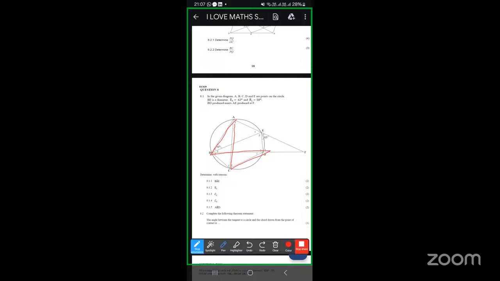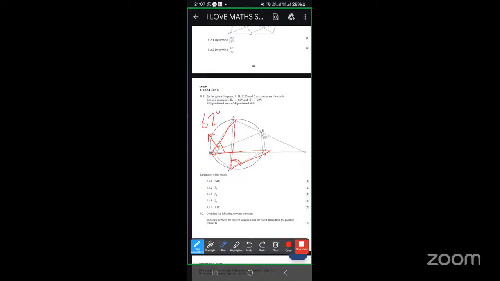Can you guys see this diagram that I've drawn on the screen? Yes, sir. So now we know that this angle there is 62 degrees. Then now, what is the size of this angle right here? Isn't it 62 degrees?